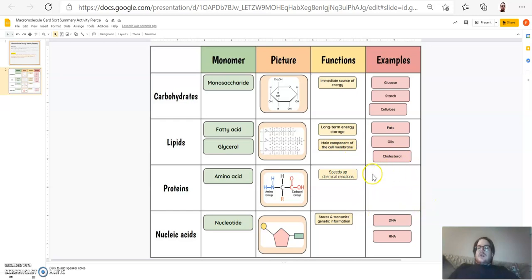But can anybody tell me an example of protein that might have gone here? Go ahead, Tim. Tim's raising his hand for you people at home. Enzymes are protein. Yep, enzymes. We talked about the functions right here, speed up chemical reactions.